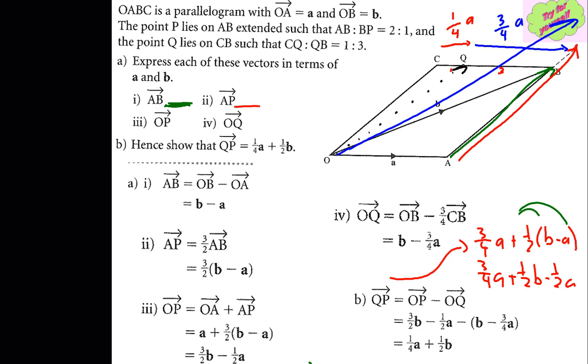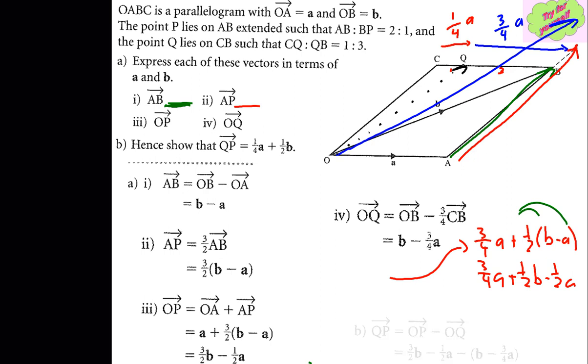And then, what's the last one? Hence show that vector QP, QP is out here, so Q out to P, is a quarter a minus a half b. So they've told us the answer, it's just to show that. So QP, we've got to go out to here. Let's see, what could we do? We could do this, this, and this.